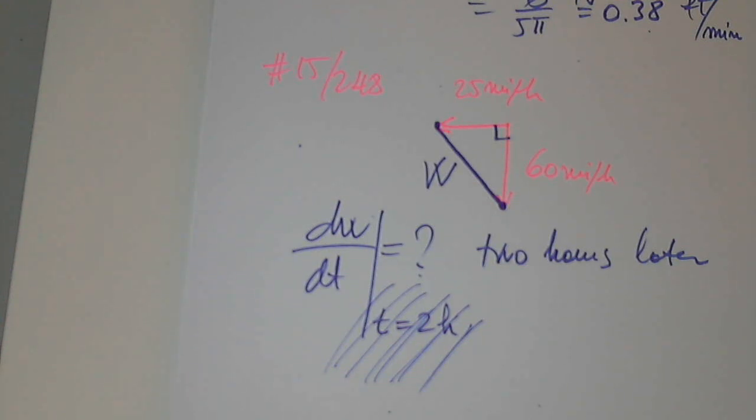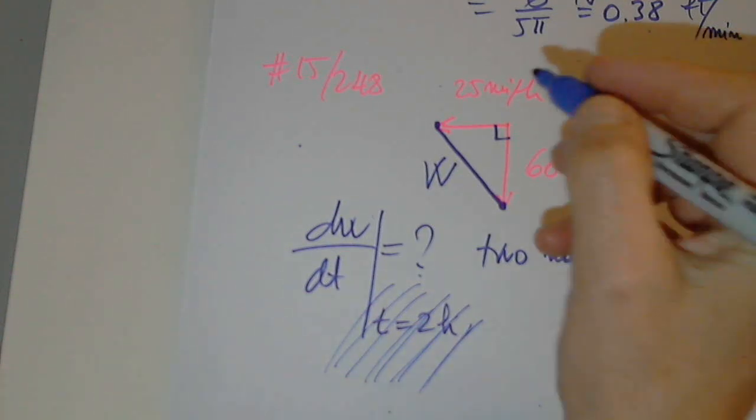I just want to trigger your memory, forever, that this is not to be dealt with now, this is not to be put in any equation, just the very last step. After I find an equation between all the variables, after I differentiate both sides with respect to time, of course, and I solve for dw over dt, and only then I put time equals 2 hours. Right now it means nothing.